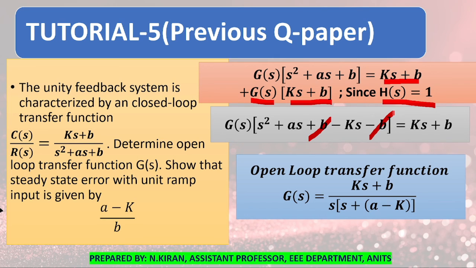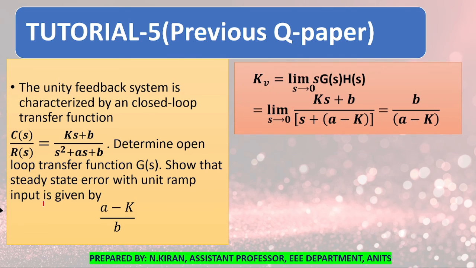Now since it is given ramp input, we need to find the value of Kv. According to definition, it is limit s tends to 0 of s into G(s) into H(s). So that will cancel the s term in the denominator, and upon substitution of s equal to 0 gives me b divided by (a minus K).